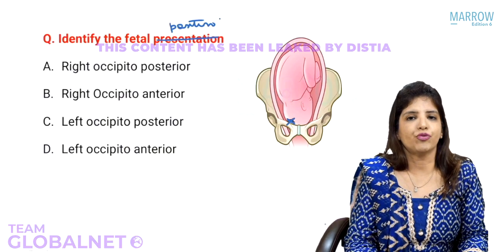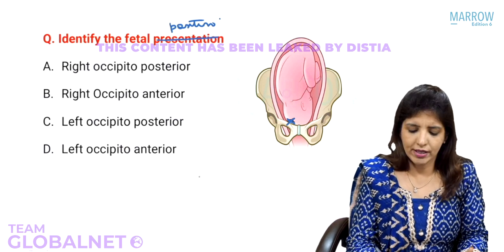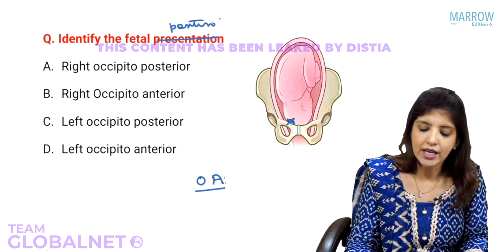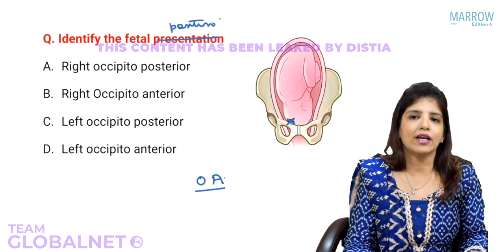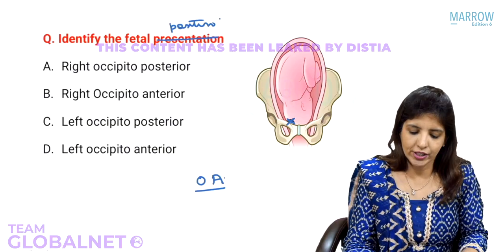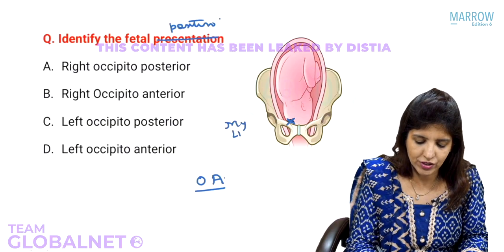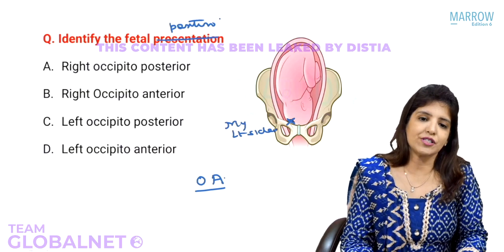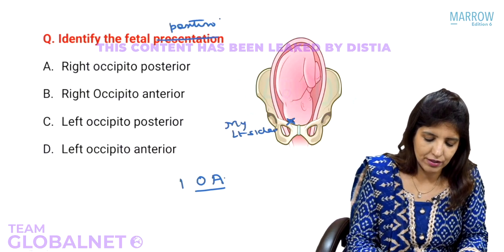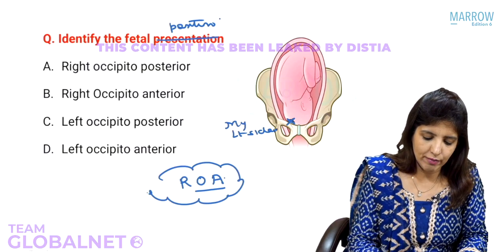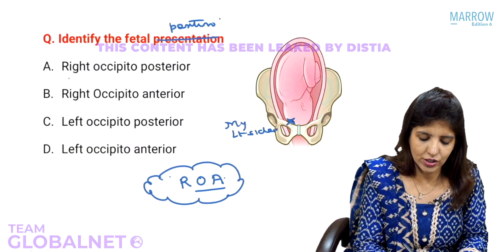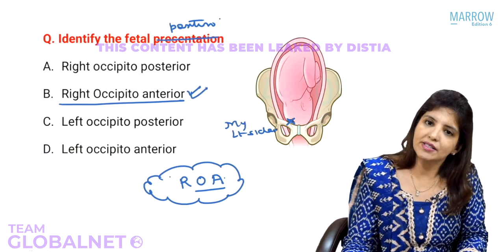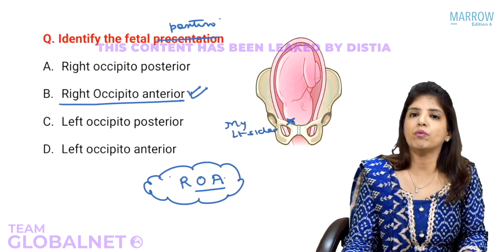The occiput is facing anteriorly or posteriorly. So in the image, I can see occiput is facing anteriorly. Now, whether it is towards your left hand side or towards your right hand side, it is towards my left side. Now, since occiput is towards my left side, in the mother it will be right. So, I am going to say it is right occipito-anterior position. Is that clear to all of you? That's the only thing which you have to remember.